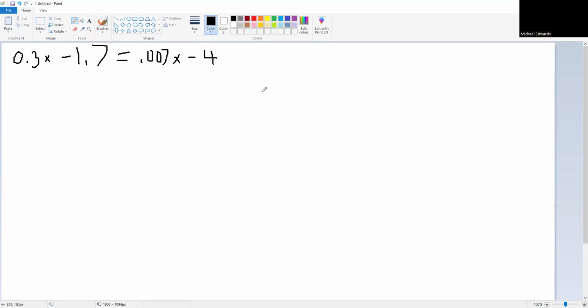Now, there are ways to simplify this. I'm not a big fan of needing to simplify decimal points. I can show you both ways if you like.